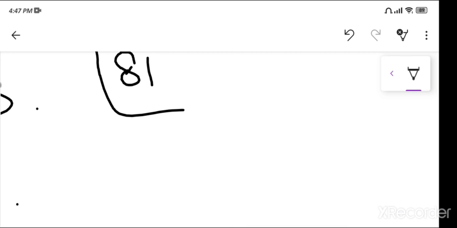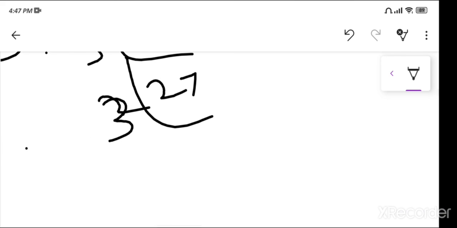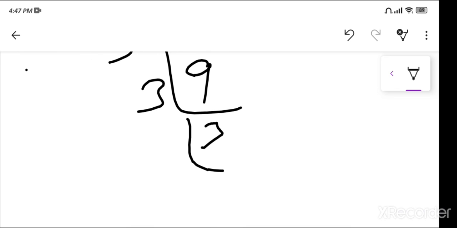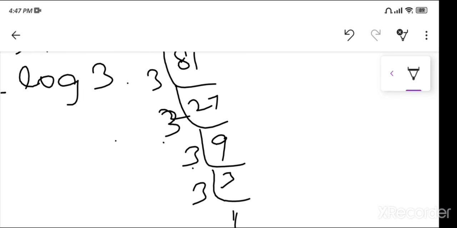So take the LCM for 81. You already know how to take an LCM. So you take it for 3, 27. Again, take it 3. This gives you 9, 3, 3, and then 3, 1. So how many 3's are there? 1, 2, 3, 4.